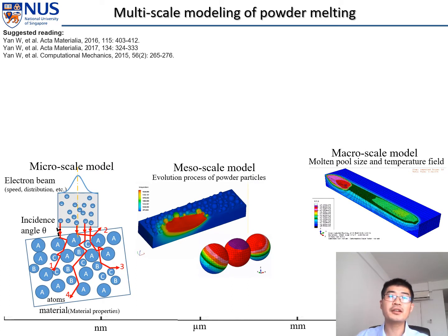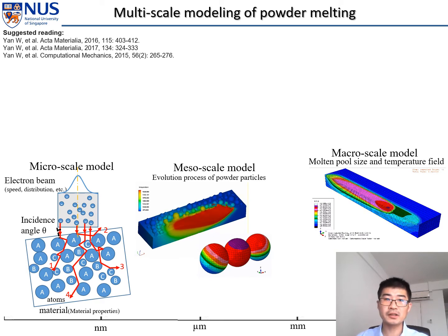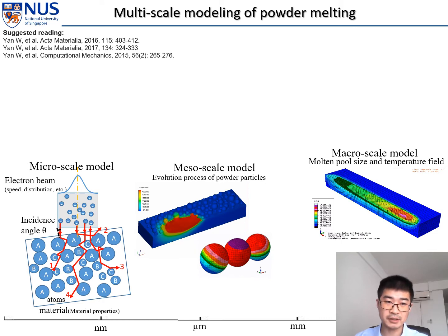So for the third step, powder melting, this is the most extensively investigated topic, but our approach is a multi-scale approach because we want to make it more physically accurate.